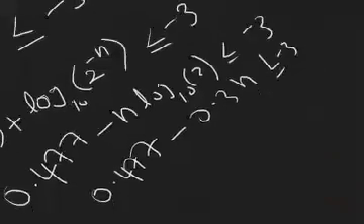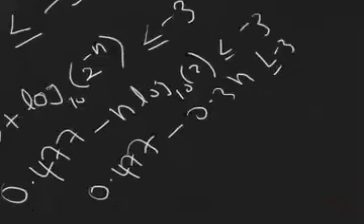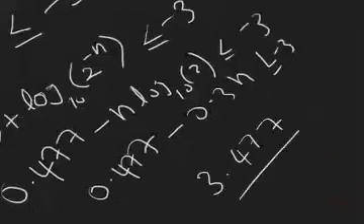So that means 3.477 divided by 0.3 is less than or equal to n.